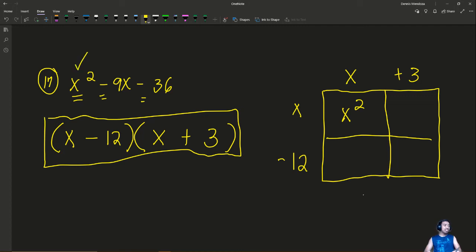And then, is this 36? Yep, it is a negative 36. And then, this is going to be positive 3x. While here, this is negative 12x. Negative 12 plus 3 is negative 9. And then just copy x. So indeed, this is the factor of x squared minus 9x minus 36.